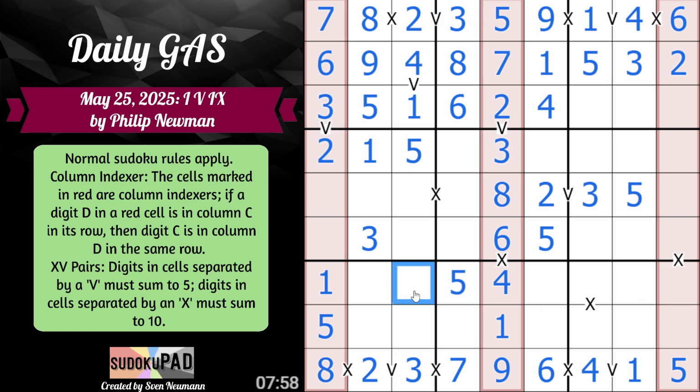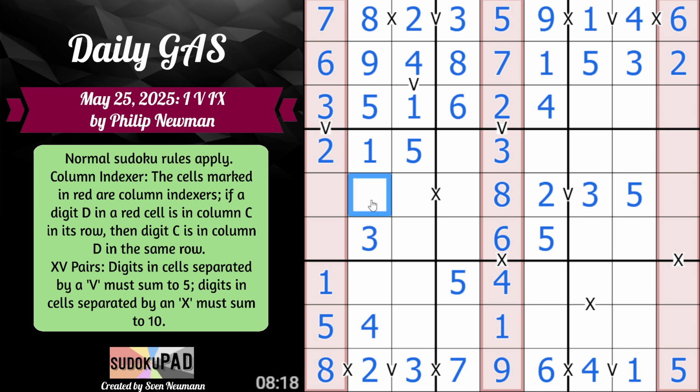We would place 9 here. So what are we missing? We need 4, 6, 7, 9. And this is just simply 4 by Sudoku.